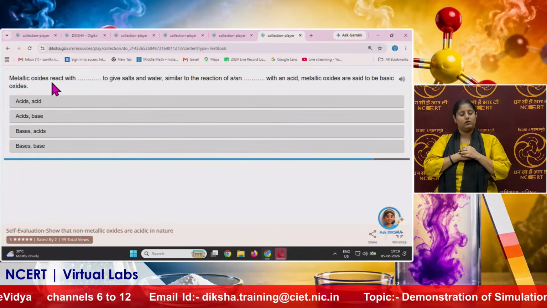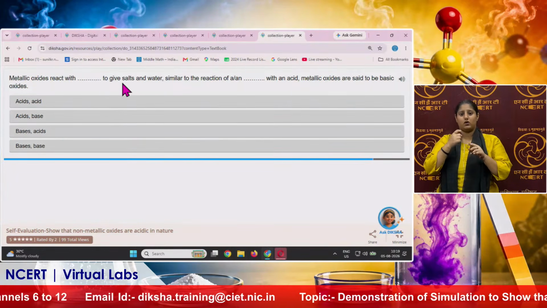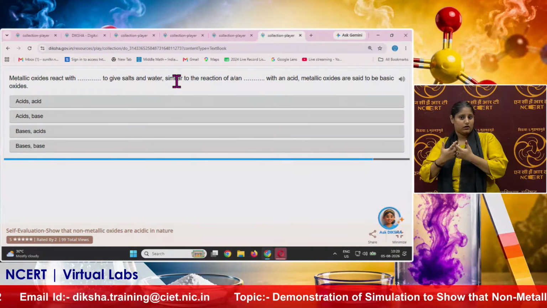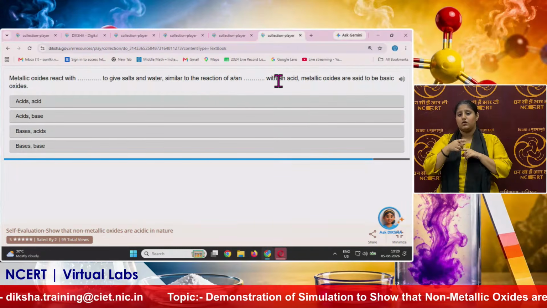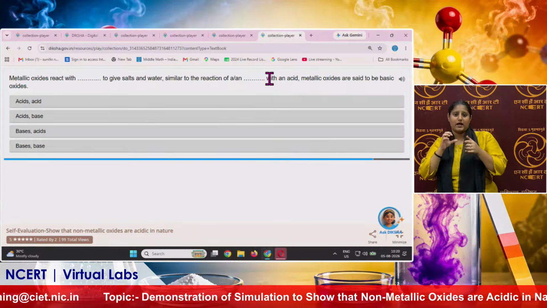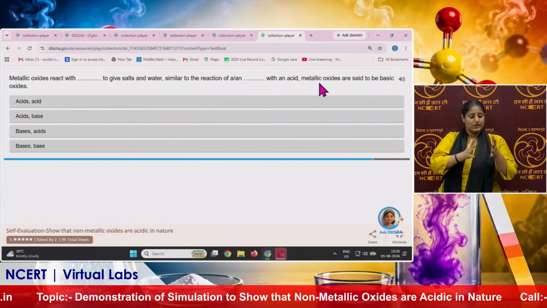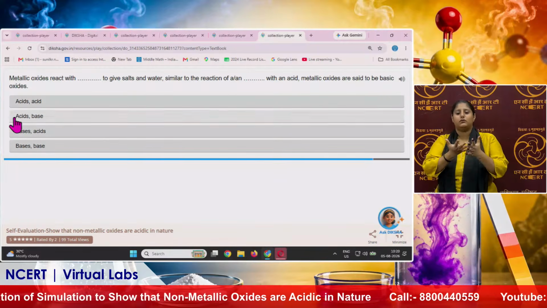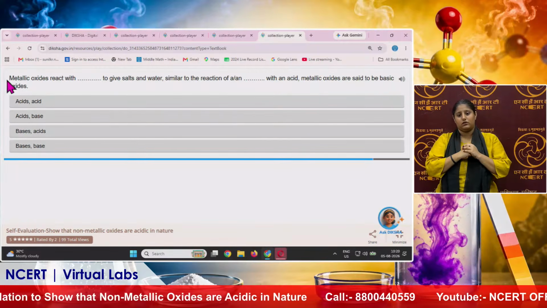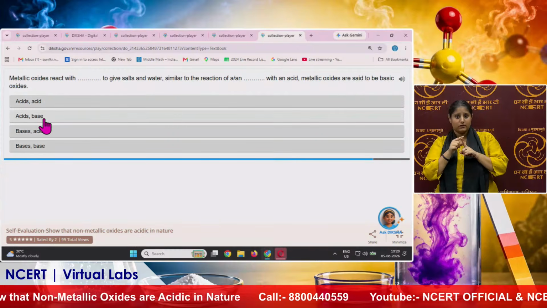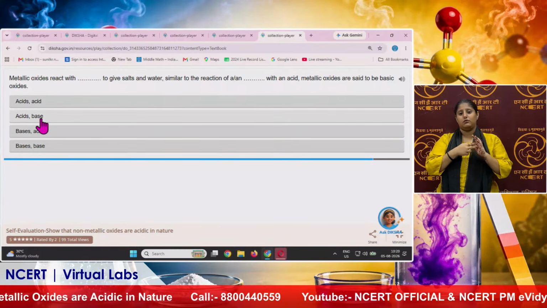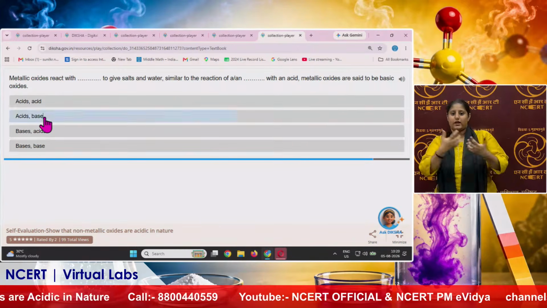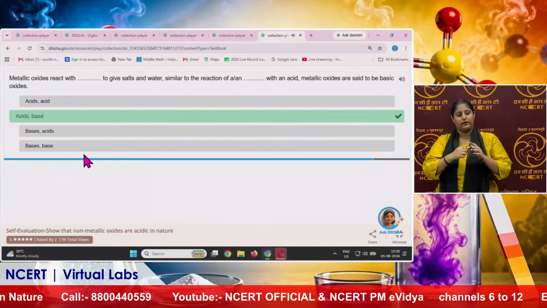Now, metallic oxides react with dash to give salts and water, similar to the reaction of dash with an acid. So with acid, a base will react, so that metallic oxides are formed, and the metallic oxides are said to be basic oxides. So here metallic oxides are basic, so base reacts with acid and acid reacts with base. So this is the correct one.